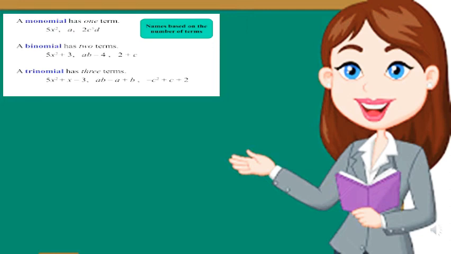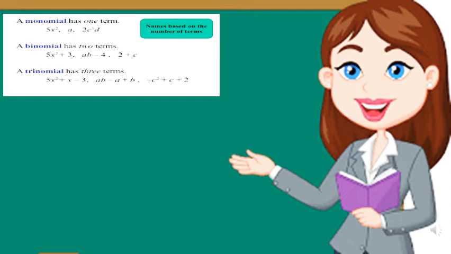Similarly, a binomial has two terms. You can see the examples here. 5x squared plus 3, ab minus 4, 2 plus c. You can see two terms connected with a plus sign or a minus sign here. And it has two terms. So, as the number 2 says, it is binomial. Bi means 2.